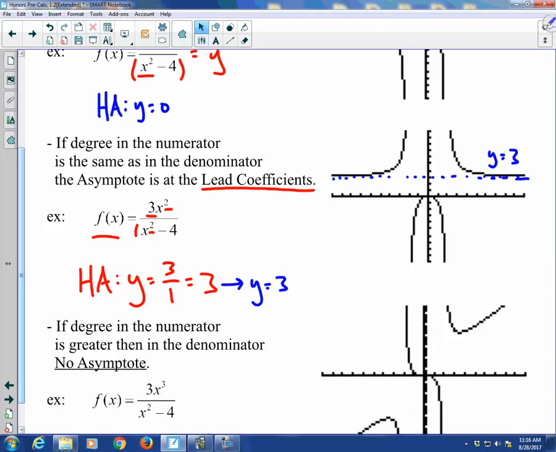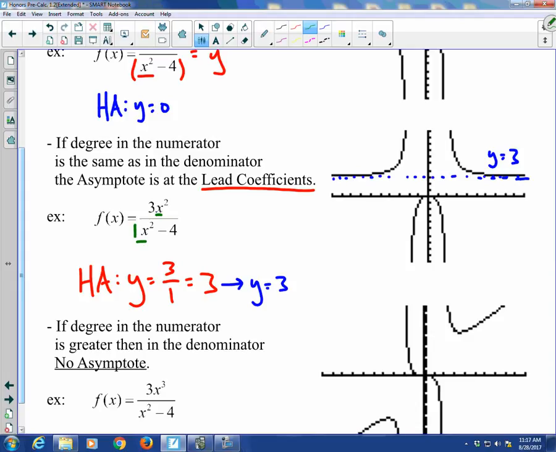So again, right here, the reason for this has to do with the fact that higher powered terms grow so much faster than terms with lower power. So in general, what we're going to say is that the highest powered term in the numerator and denominator grows so much faster than the rest of the terms that are in the numerator and denominator, whatever they are, that the rest of the terms only really create a slight difference between the numbers we're seeing in the numerator and denominator with regards to that highest powered term.